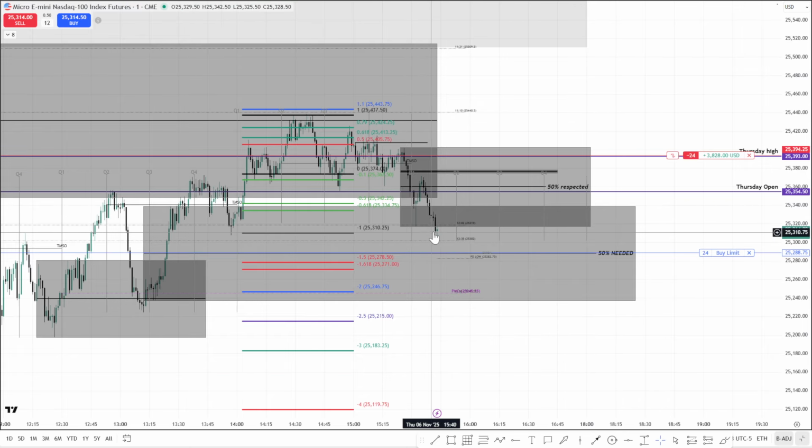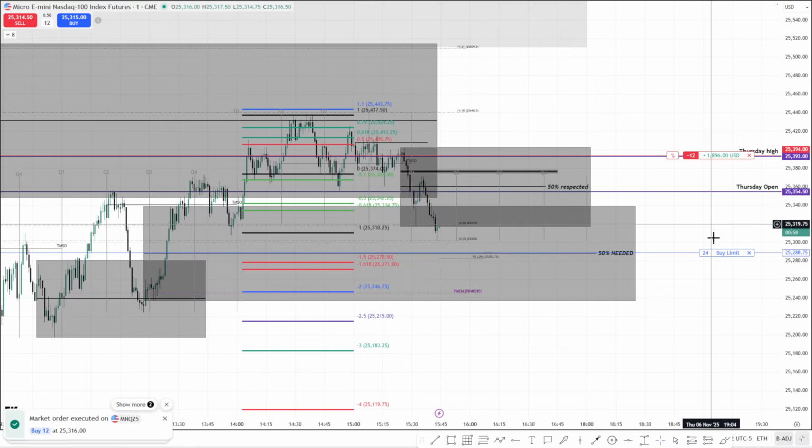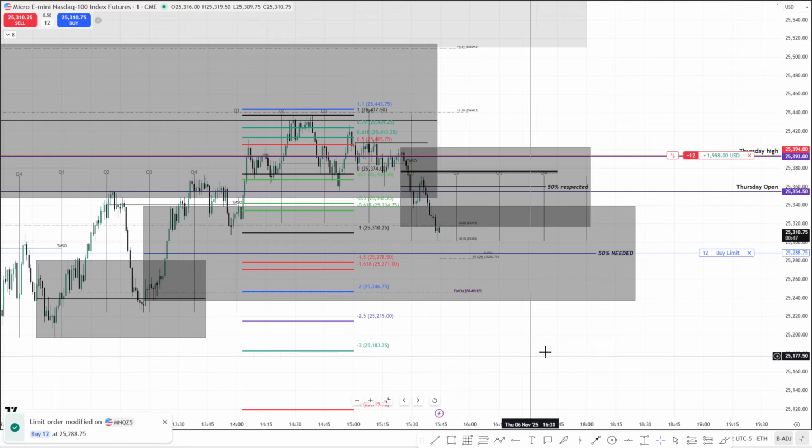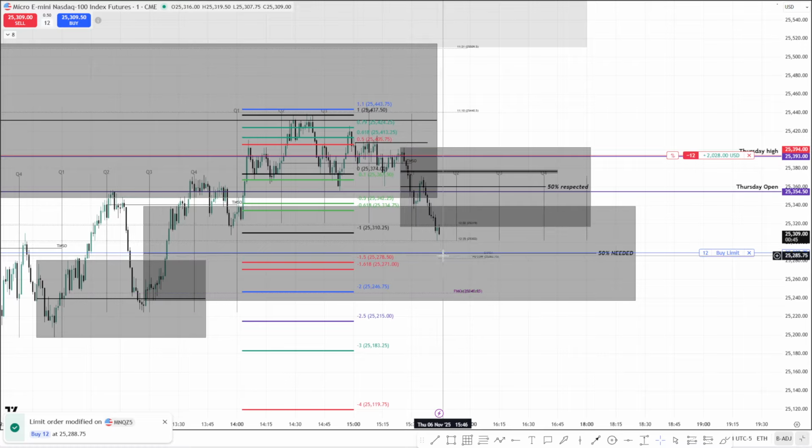Since we held this one right here, we'll see how price reacts. But we'll buy half. All right. And I'd like to see price jam to 50% of this range as needed.